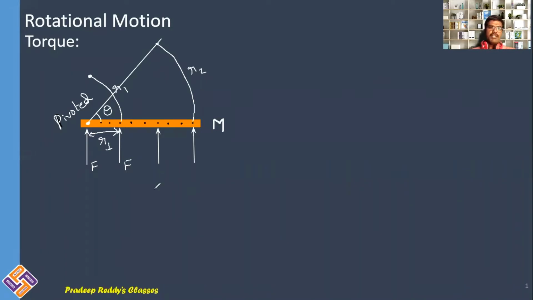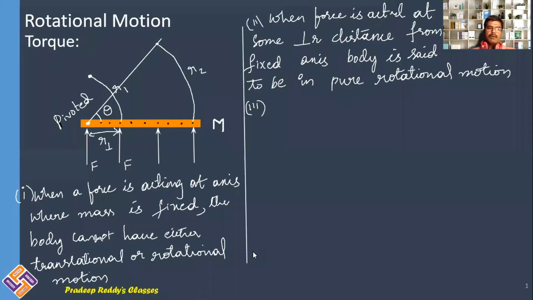So what are the observations from the activity which I am doing here? First thing is that when your force is acting at the axis where the mass is fixed, there is neither translational motion nor rotational motion for the object. The object is at rest, it's not moving at all.